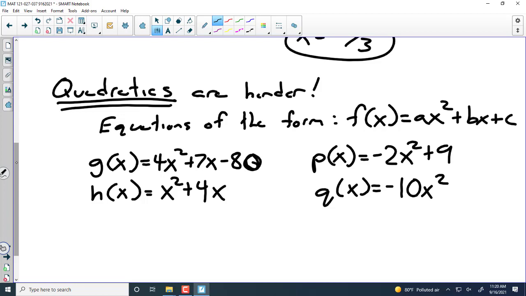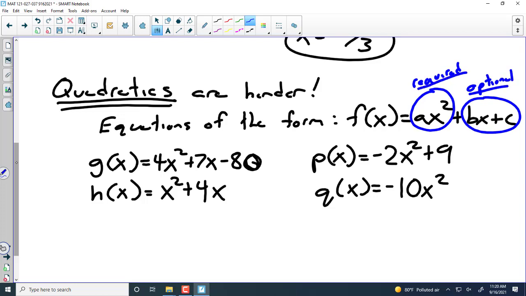By the way, I made these up randomly, so don't try to solve these. But there's all these different forms they can take on, but the main thing to make something a quadratic, everyone, just so you don't worry about it, is this term right here is required. You need that term. These two are optional.